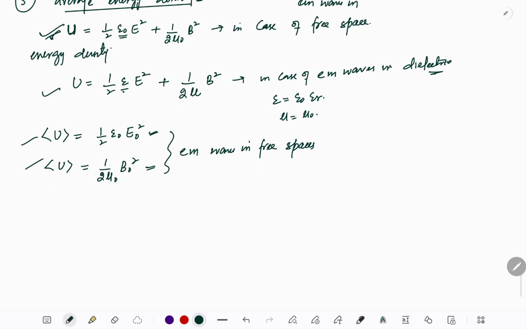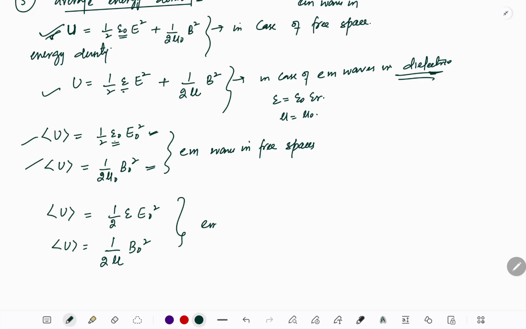Now for electromagnetic waves in dielectrics, the average energy density should be 1/2, in place of epsilon 0 we must have epsilon, E naught squared, plus 1/2, in place of mu 0 we must have mu, B naught squared. So this is for EM waves in dielectrics.